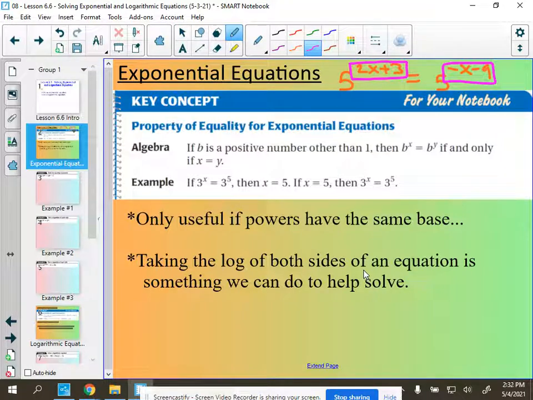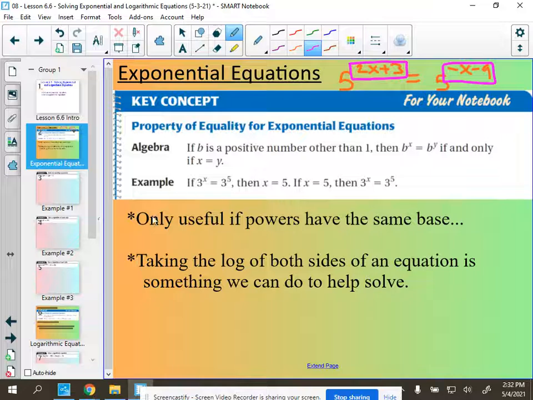I think hopefully we all know when we're solving equations, it's okay to add 5 to both sides, or it's okay to square root both sides, or to square both sides of an equation and still be equivalent. Well, the new part is it's okay for us to take the log of both sides of an equation, and we'll see that there's advantages to doing that, okay?